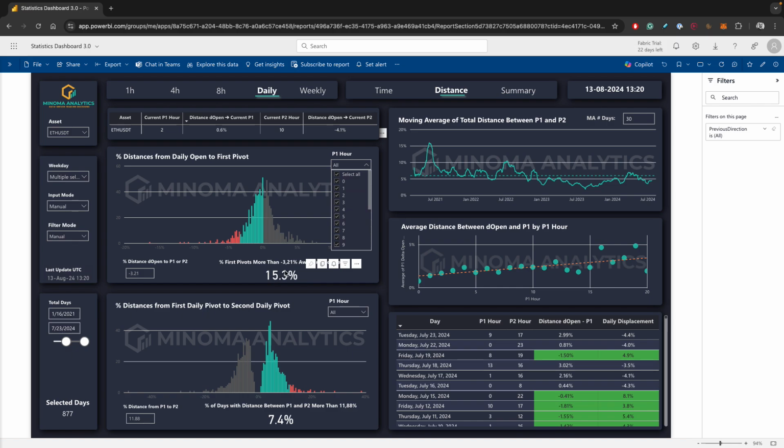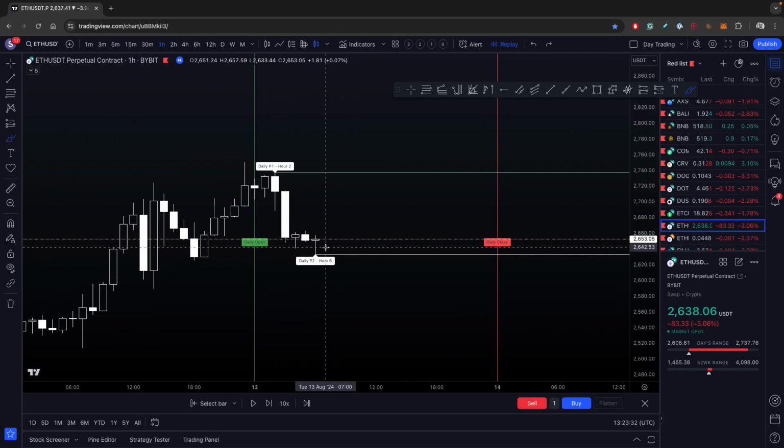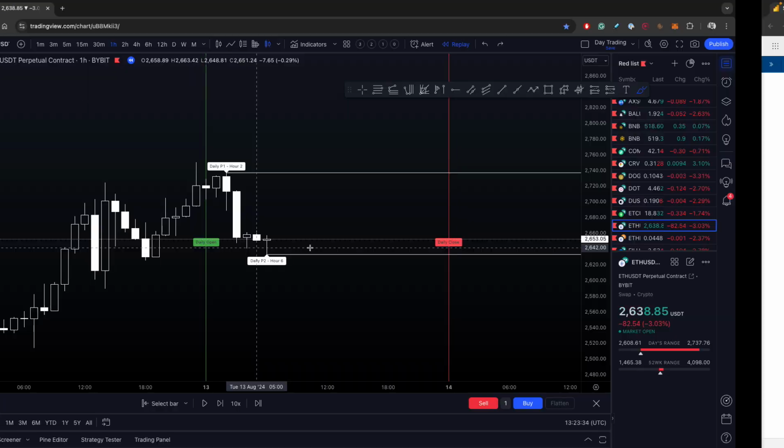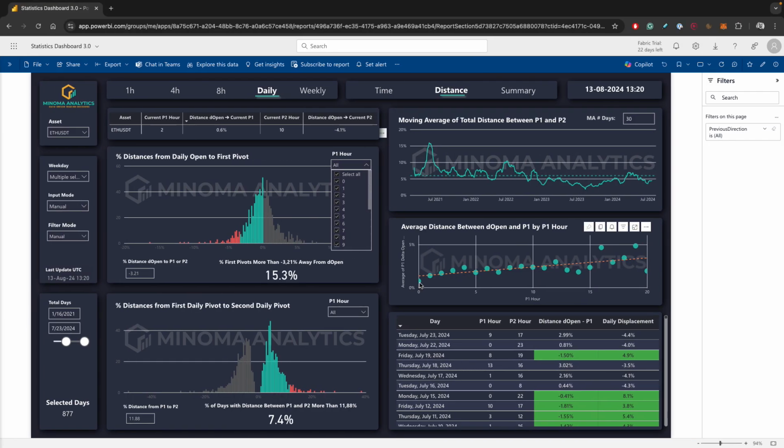But we know we're looking for that P1 P2 flip, and we know that if that P1 P2 flip were to happen, it would not be during hour 0, right? It would be in hour 6. We also know that hour 0 generally puts in a P1 closer to the daily open. But since we know that's not relevant right now, you can say I'm not interested in days where they put in a P1 at hour 0.